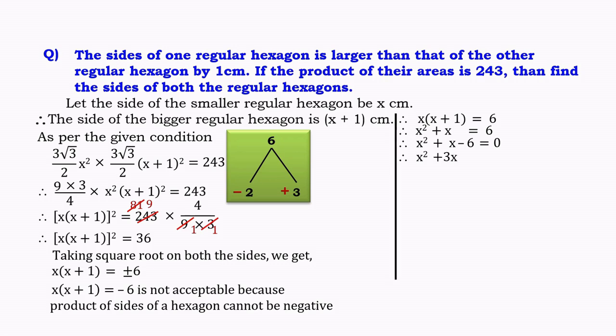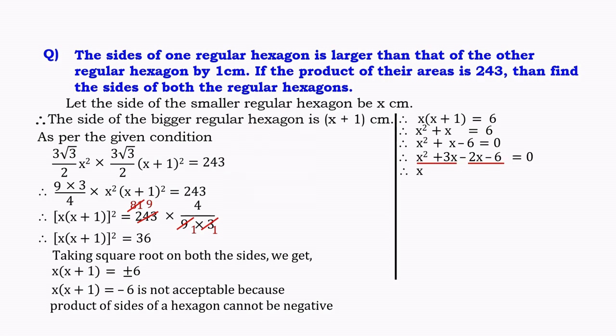Therefore, x squared plus 3x minus 2x minus 6 equals 0. Taking common factors, x multiplied by x plus 3 minus 2 multiplied by x plus 3 equals 0. Taking x plus 3 as the common factor, we get x plus 3 multiplied by x minus 2 equals 0.